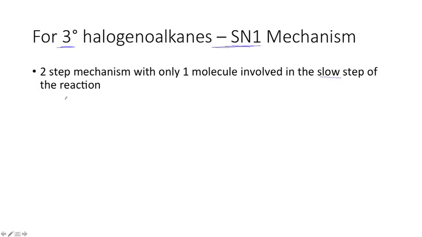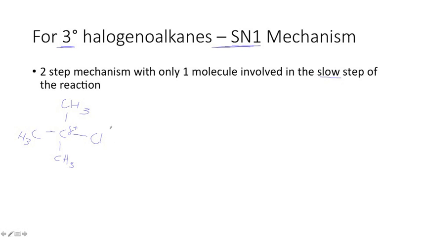So, for example, let's take a tertiary halogenoalkane. As you can see, we have 3 methyl groups attached and our halogen here.